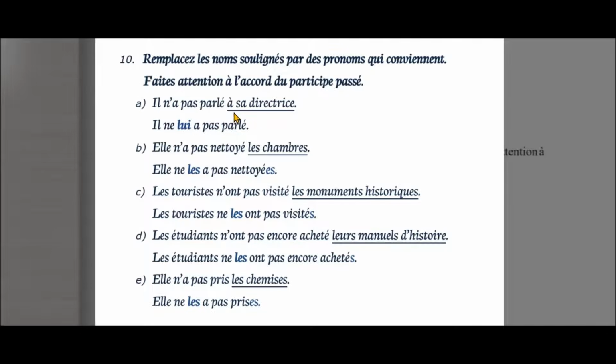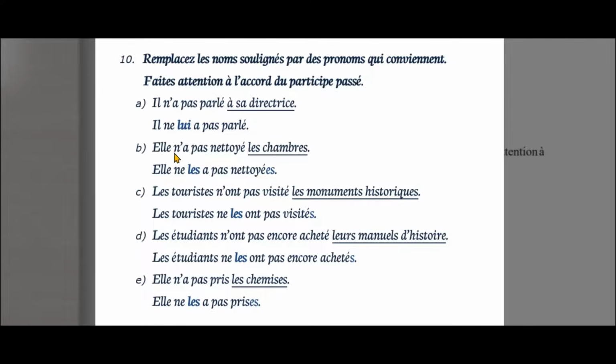If it's singular, to followed by only one person, then you use lui, to him or to her. But if it's in the plural, it's going to be leur, which is to them. But in this exercise, you would not have leur. I'm just giving it to you for additional knowledge.